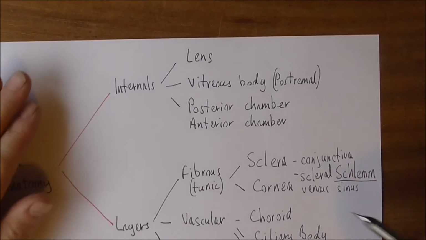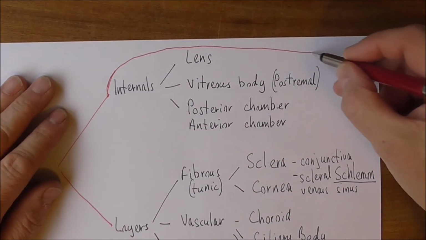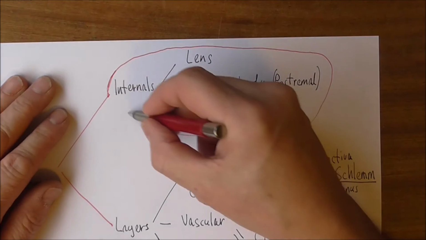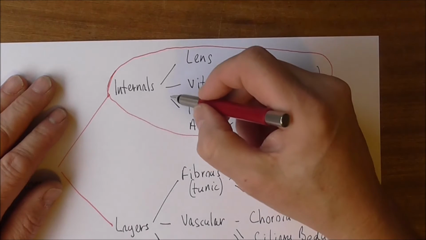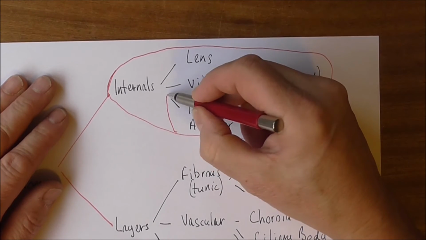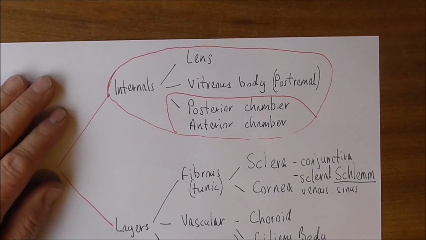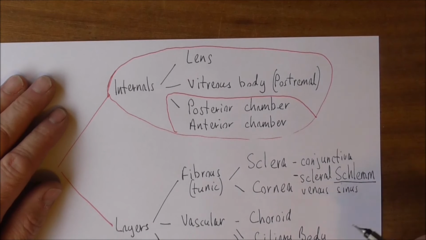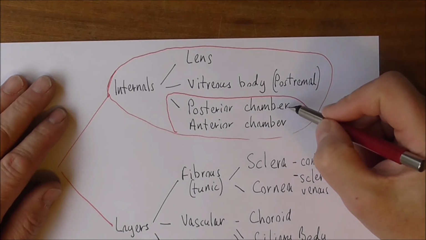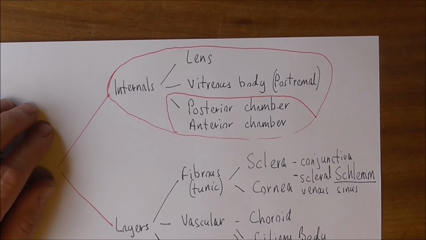So we have the internals, that's around here, and we could divide off this area here as well if we wanted to as a subsection. The area in front of the lens, the posterior and the anterior chamber in front of the lens, with the posterior chamber being behind the iris and the anterior chamber being in front of the iris.